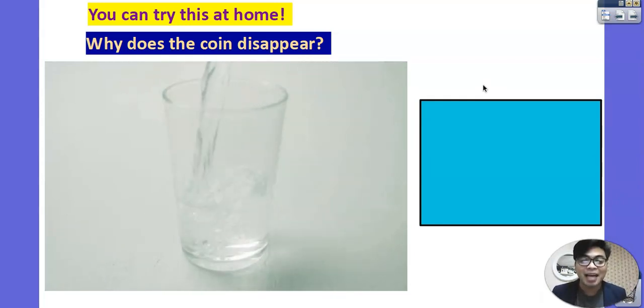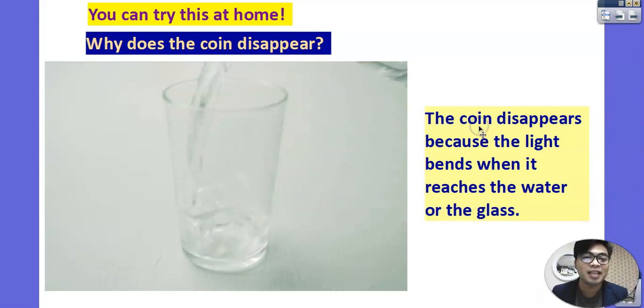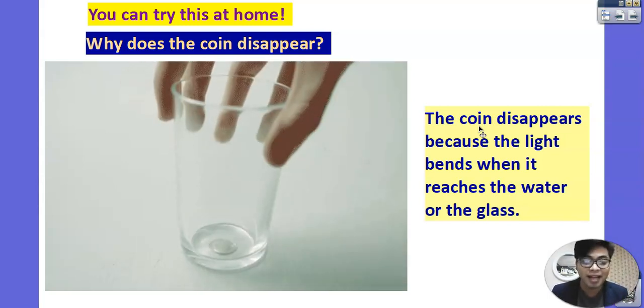Well, last time we talked that light strikes the coin, and this is why we can see everything here on Earth, because light strikes it and it reflects back the light. So the moment it reflects, the light travels from the coin to the glass and to the water, and of course the air.